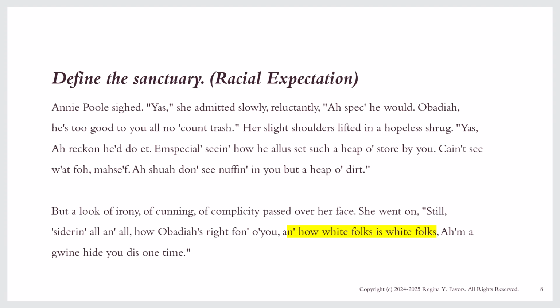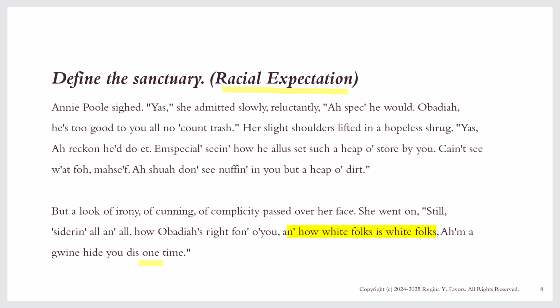And if white folks found out that a black man shot another white man, they're going to do what white folks do, and that usually includes some sort of retaliation. And so, knowing this foreknowledge, which represents experience and racial expectation, she's going to provide him sanctuary.